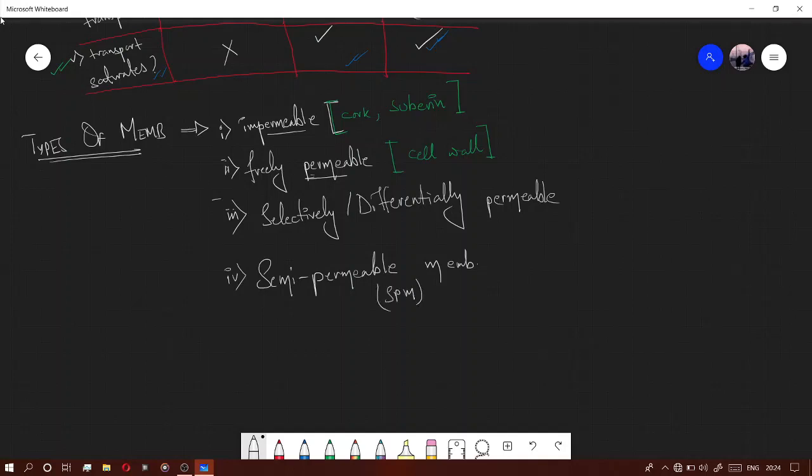If there is too much confusion, please just leave it. Selectively permeable and semi-permeable.